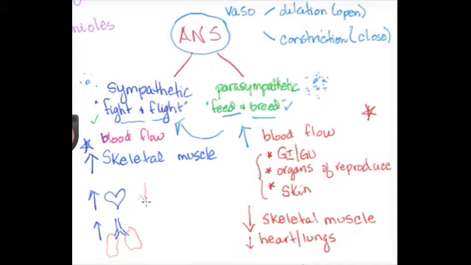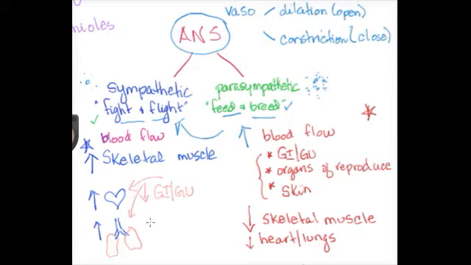Well, if you're running for your life, your body can put on hold blood supply to the GI system and the GU system. It can temporarily interrupt digestion to take the blood supply from here and give it over to the heart and lungs.